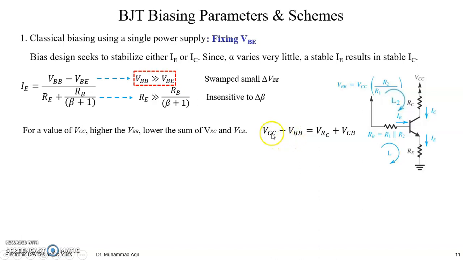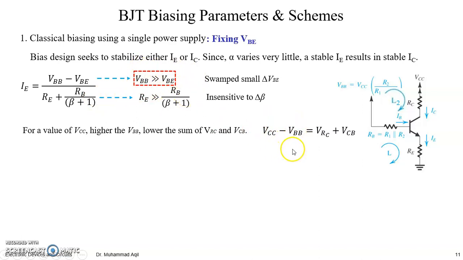For example, if we take VCC as 10 and VBB as 1 volt, we have a difference of 9 volts. But if we take VBB higher, because it must be much higher than 0.7, for example 3, then 10 minus 3 would be 7. So you would have a smaller difference here if we increase VBB to accommodate this constraint.